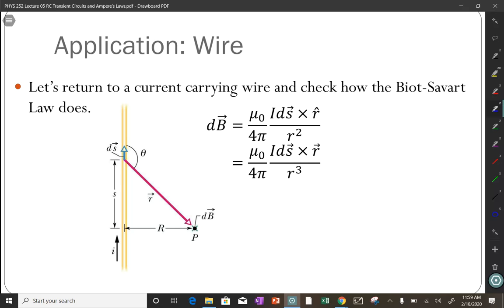So what loop shape matches the symmetry of a wire? A circle. So we made a circle with radius capital R that was concentric with the wire, going around the wire. And because magnetic fields have to do loops, with our cylindrical symmetry, the only shape you can have in magnetic fields is circles.